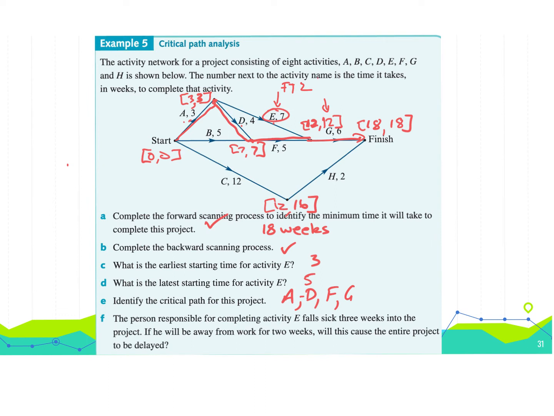No, it won't, because it has a float time of 2, which is what we spoke about before. So we got our critical path analysis. We do forward scanning, considering the minimum time to get to a specific one, considering the predecessors, and then we finish it off and go backward scanning to work out the latest starting time.